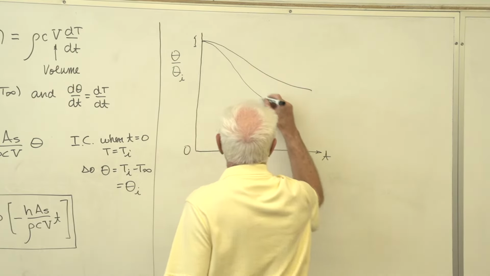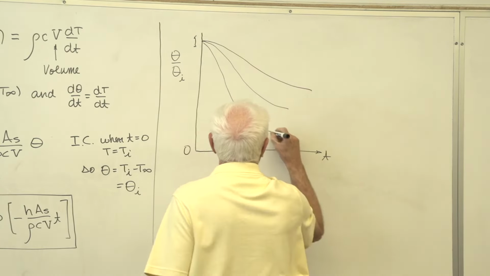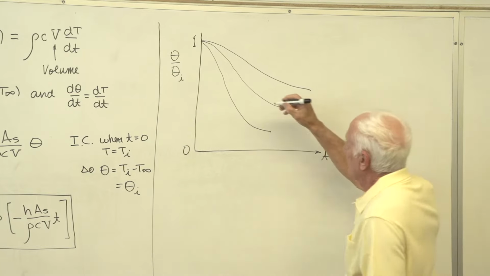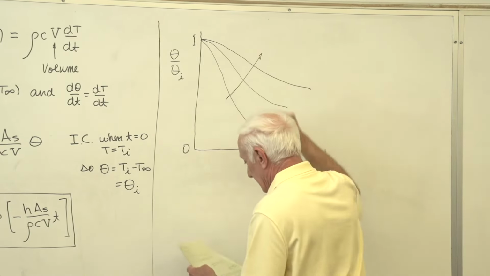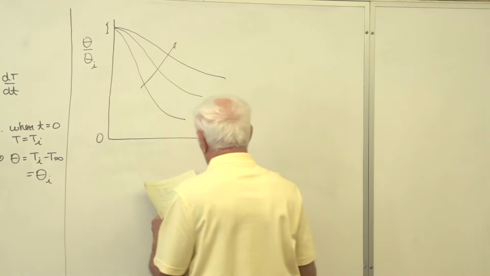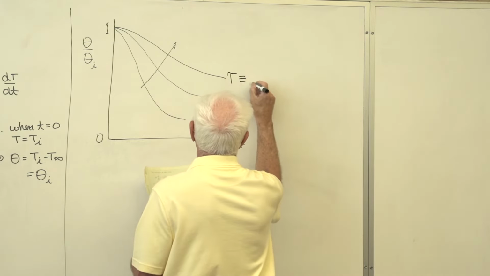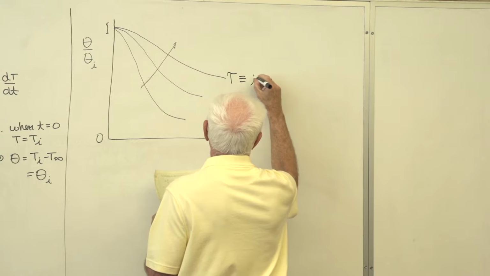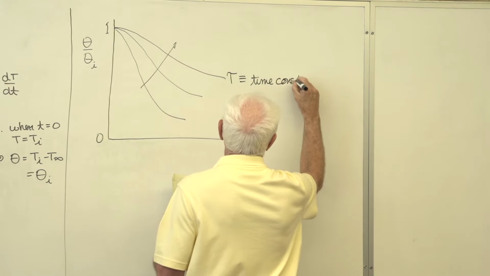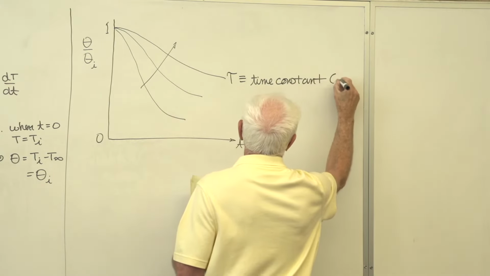And there are different curves, parametric values. Each particular curve is a different value of the time constant called tau. It's in seconds.